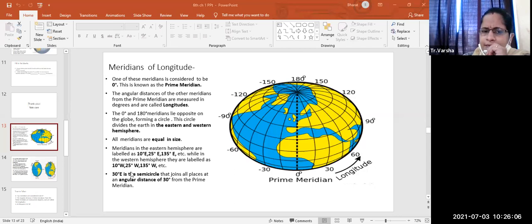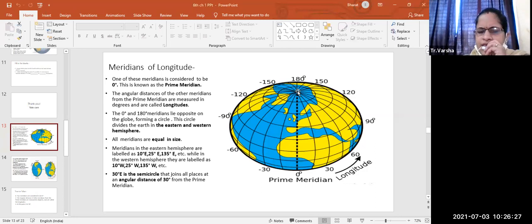30° east is the semicircle that joins all the places at an angular distance of 30° from the prime meridian. If we see the 30° from both sides, the eastern and the western side, they meet at one point in the polar region.